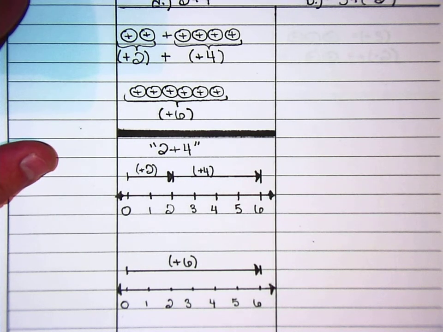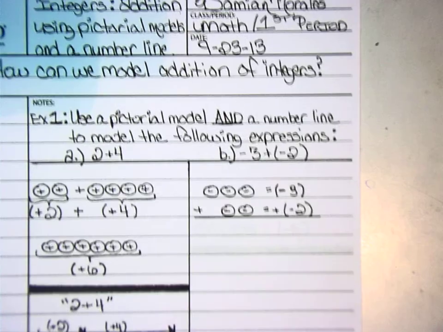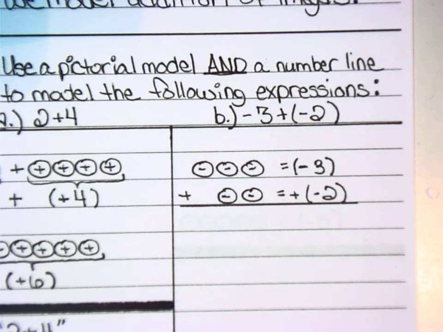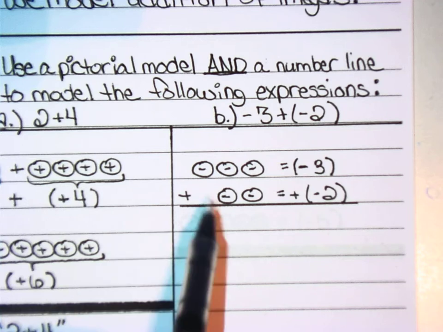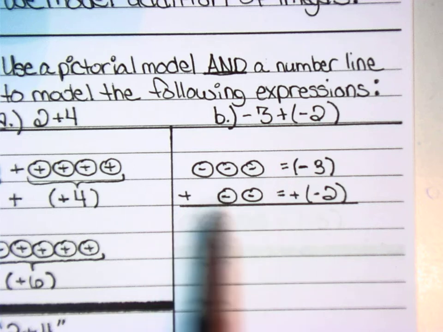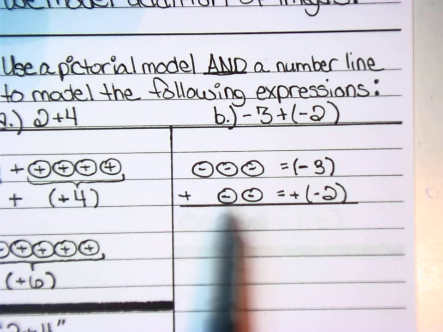Now let's move on to example B. On the right hand side, I have the expression negative 3 plus negative 2. Now for this model, I'm going to write it a little differently in the way that I stacked it. I put 3 negatives, which are 3 circles with minus signs or negative signs in them, and then I'm going to join those with 2 more negative circles.